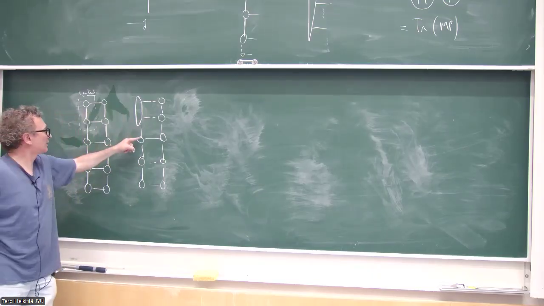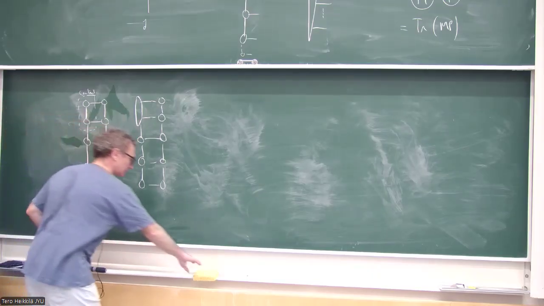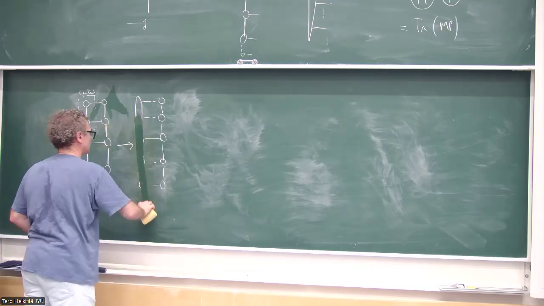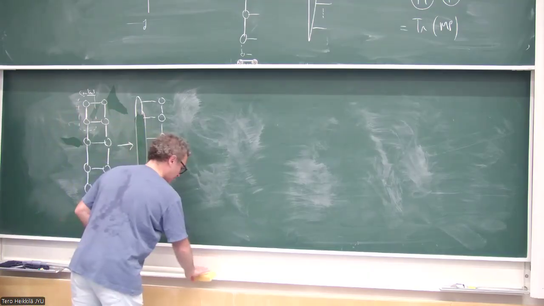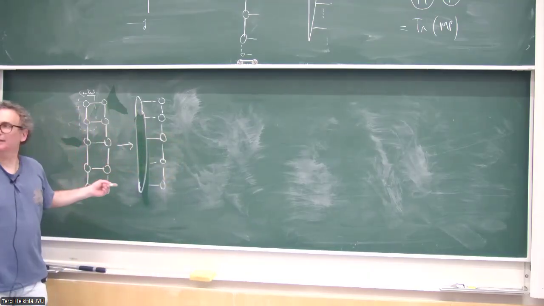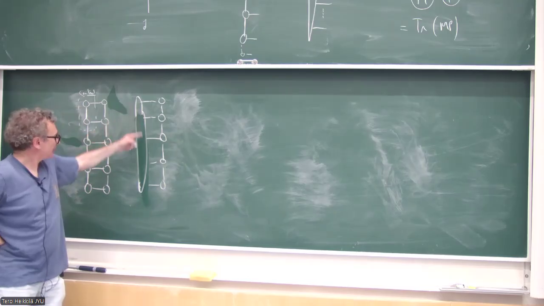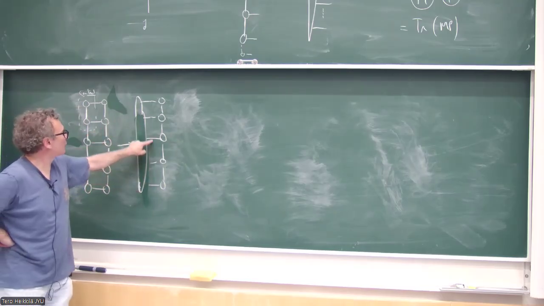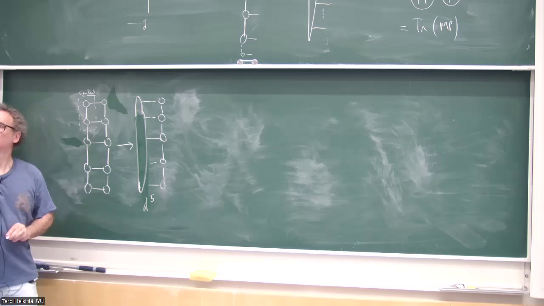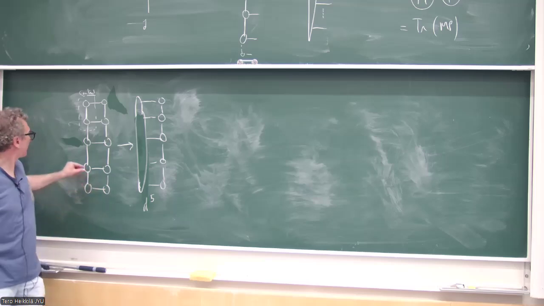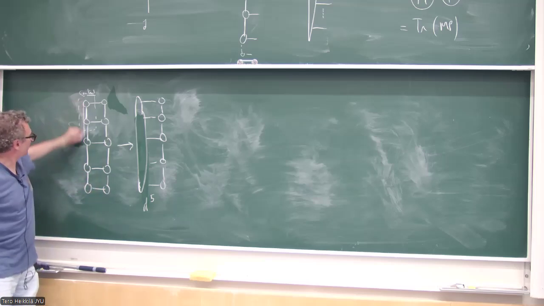Then I can contract this guy and continue like that. But you see that if I do that, in terms of memory, at the end, I have here a vector which is d to the 5.